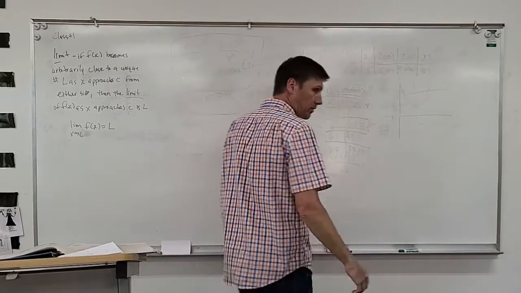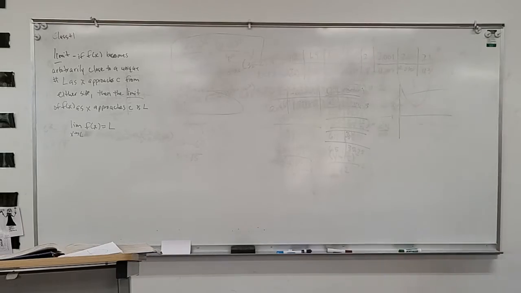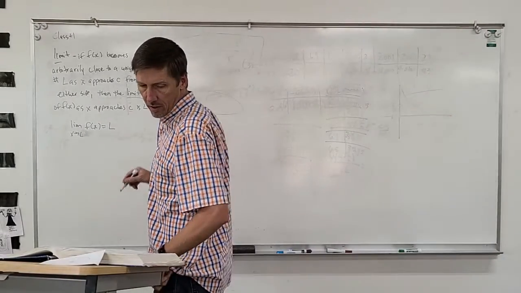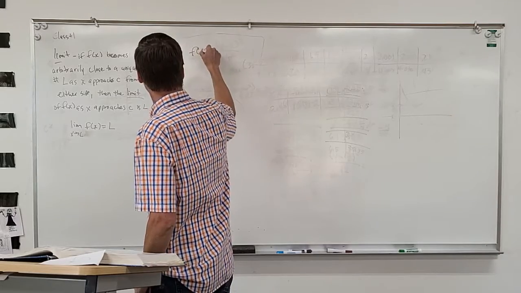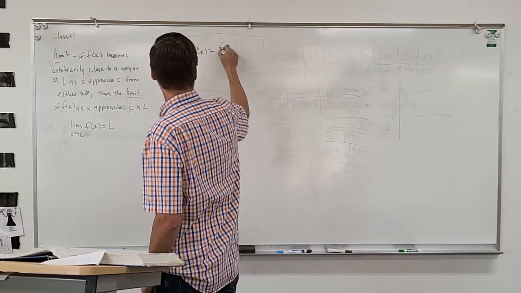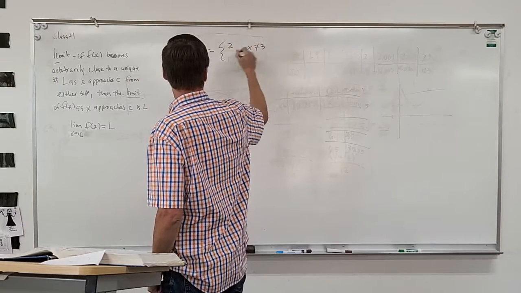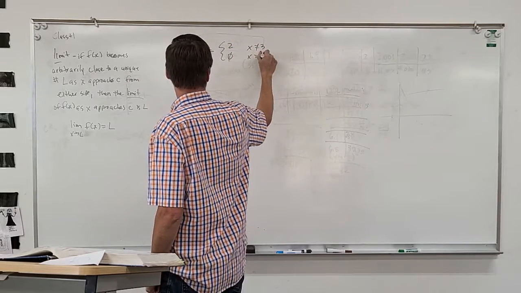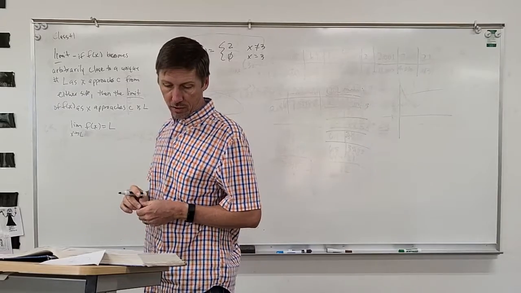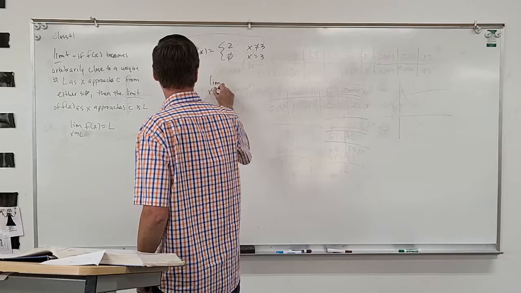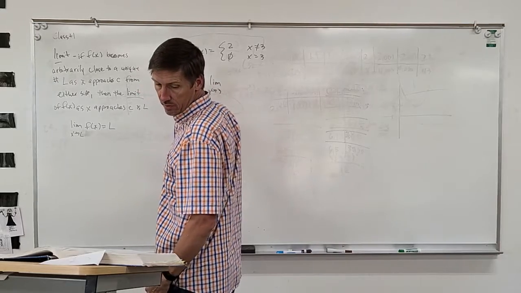So for the piecewise function, it says that f of x equals 2 where x doesn't equal 3, and then it equals 0 when x equals 3, right? And so they asked us to find the limit as x approaches 3 of this function.